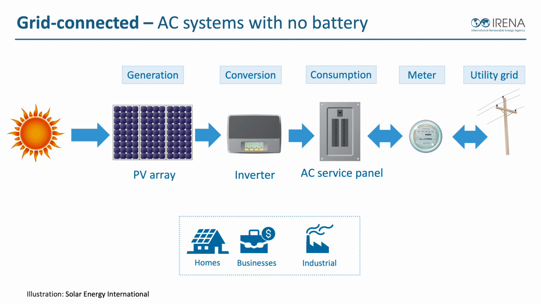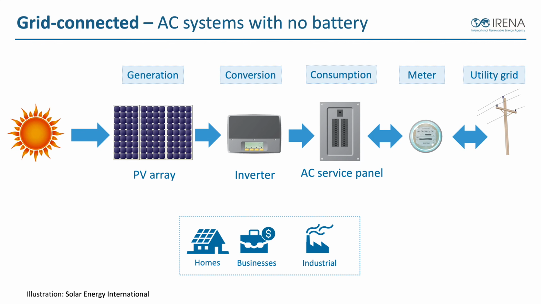Or if we set this system up this way, we can take that excess energy, if we have it, and send energy back into the utility grid. So we would push all the energy from the solar into the service panel, meet our electrical loads there, and then continue to push excess energy out of the service panel through the meter and onto the utility grid if our utility allows us this type of interconnection and net metering type of system.